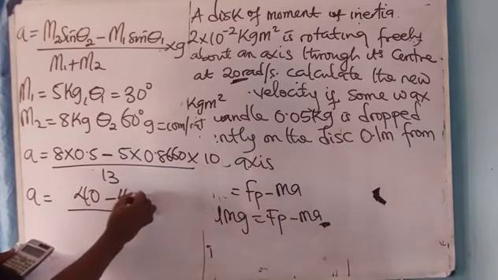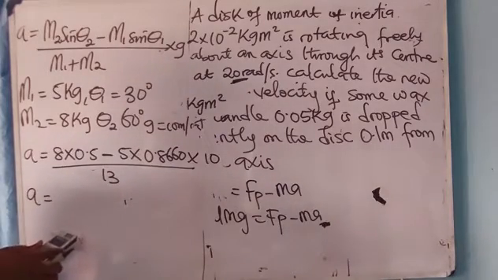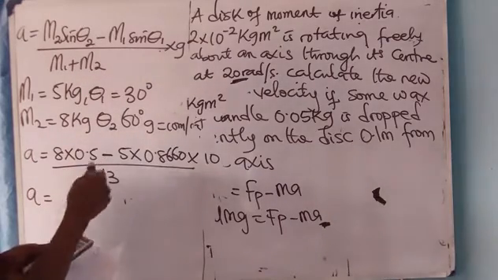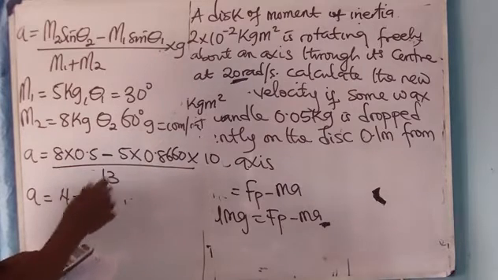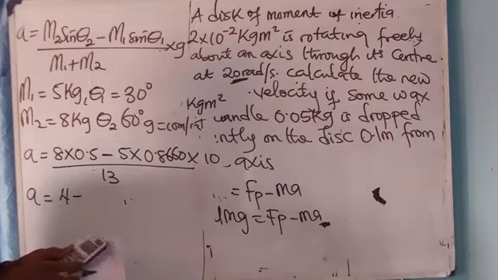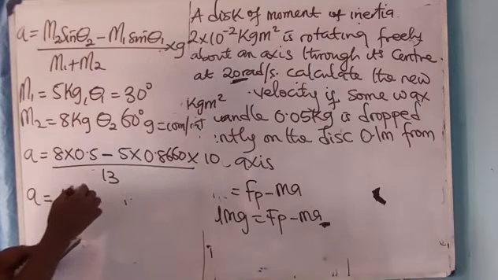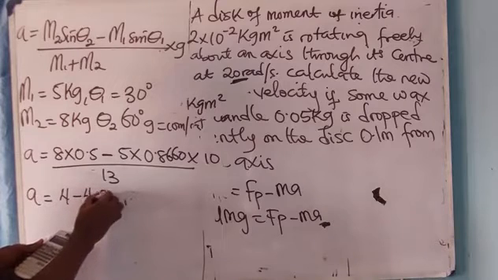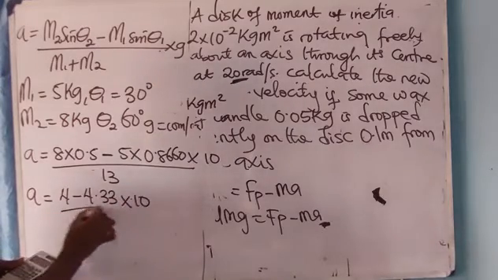Not yet, that is not it, sorry. That was a big mistake. So I have 0.5 times 8, then I have it to be 4 minus, then 5 times 0.8660 equals 4.33, times 10 over 13.